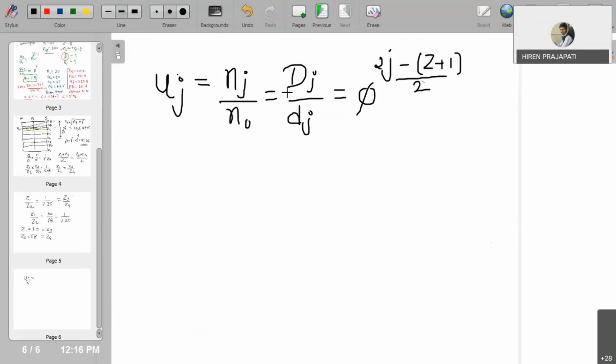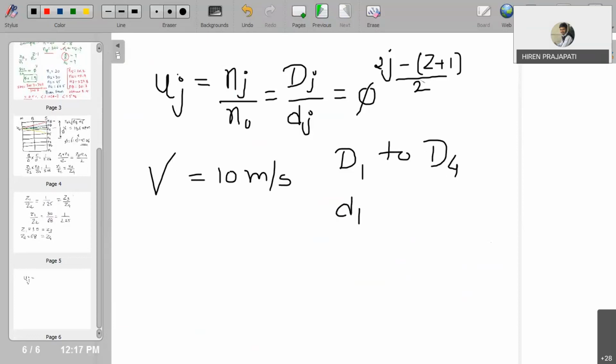From this you can find the ratios of pulley diameters, and you know the equation of belt length for a straight pulley drive. Suppose I assume the maximum possible velocity of the belt as 10 meters per second, then try to find the diameters of the pulleys. We need to find D1 to D4 and small d1 to small d4.